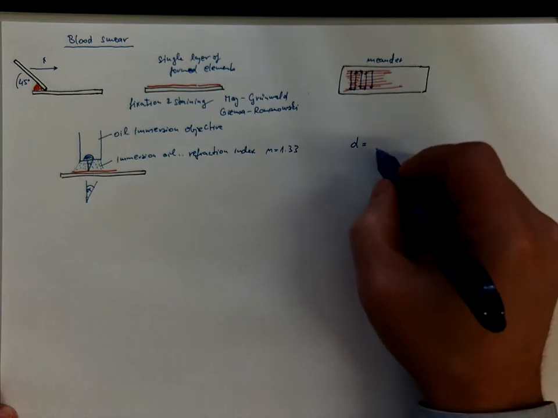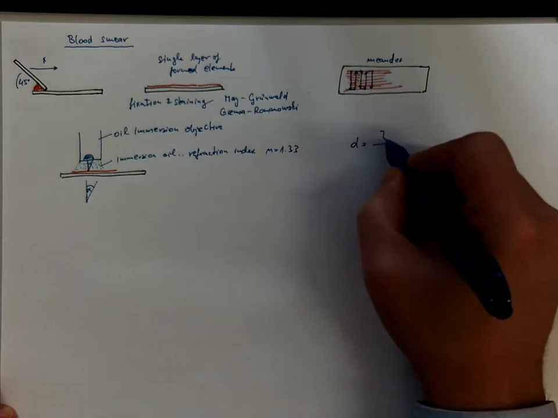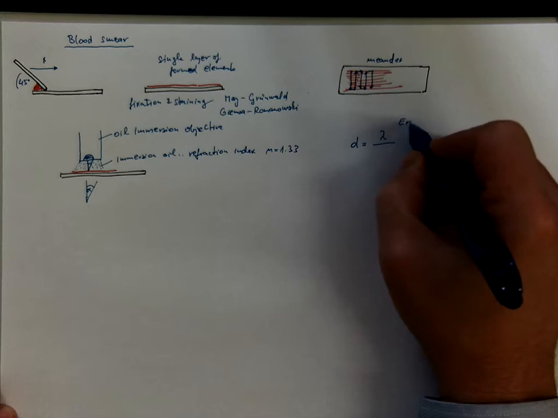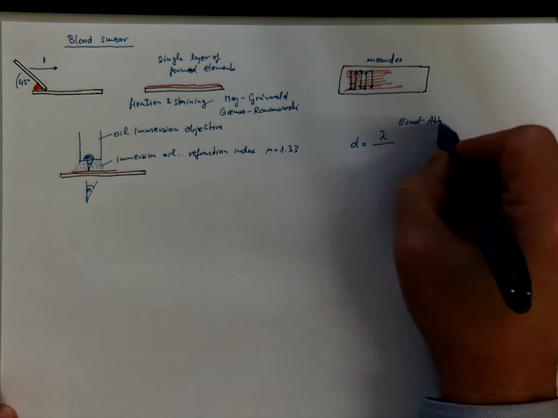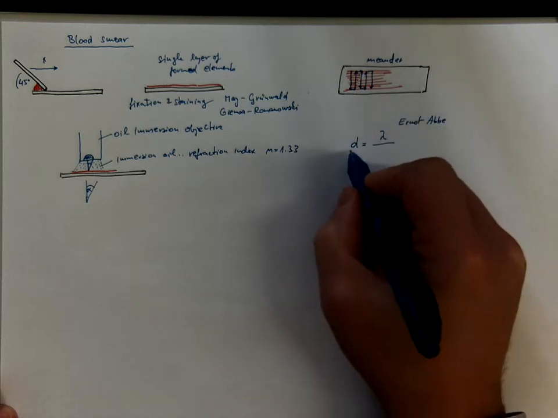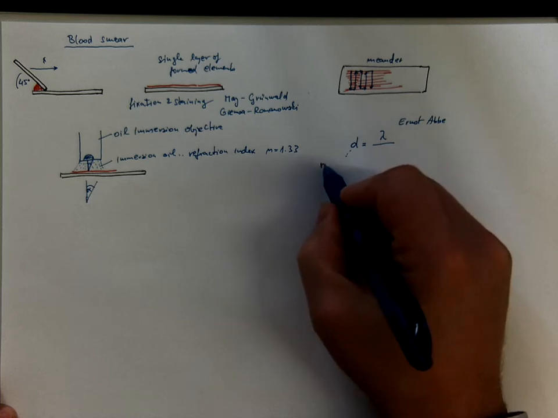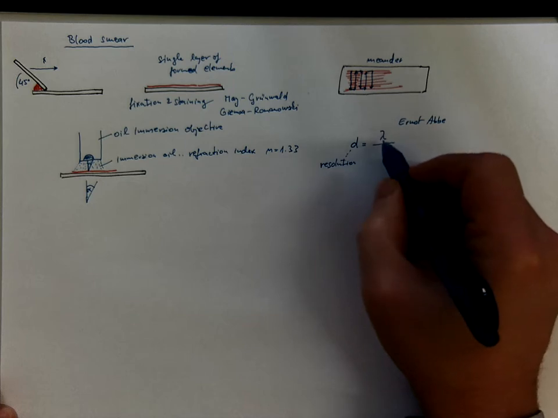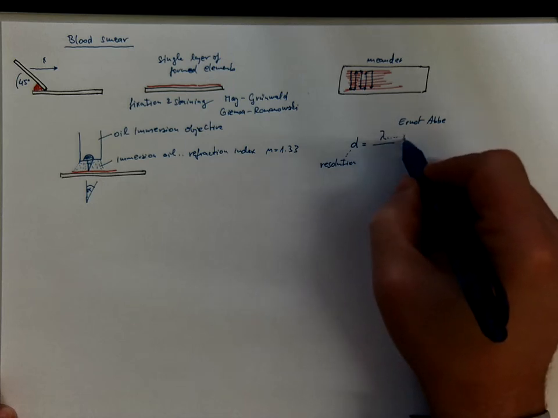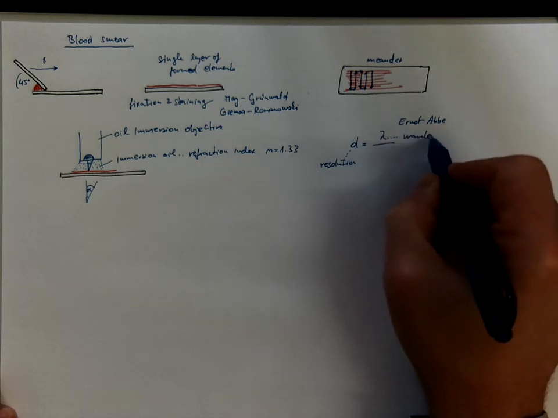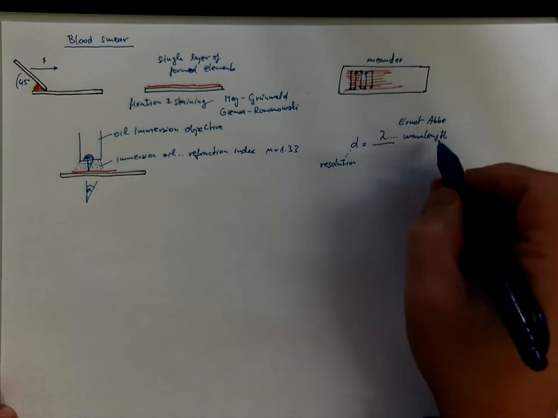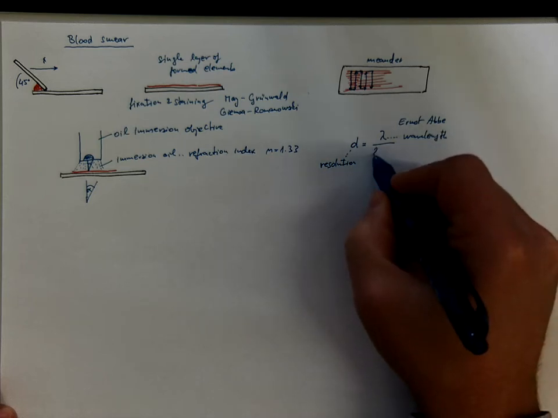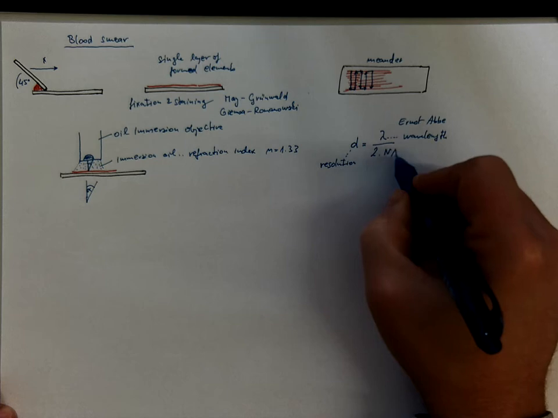And due to this famous equation used by Ernst Abbe, a famous microscopist, the optical resolution equals the wavelength of the light you are using for observation divided by 2 times the numerical aperture.